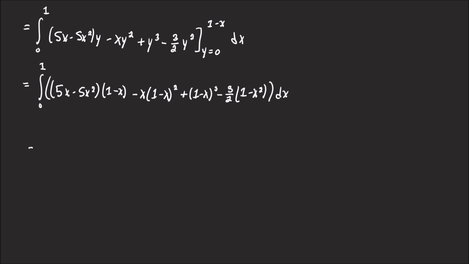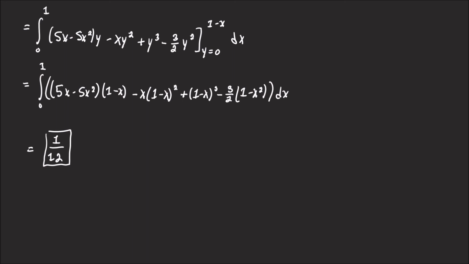And if you evaluate this, you'll get 1/12. At this point, I just plugged it into a calculator, using the computer algebra system. Again, the concern here is being able to set up the triple integral, not actually knowing how to evaluate integrals.